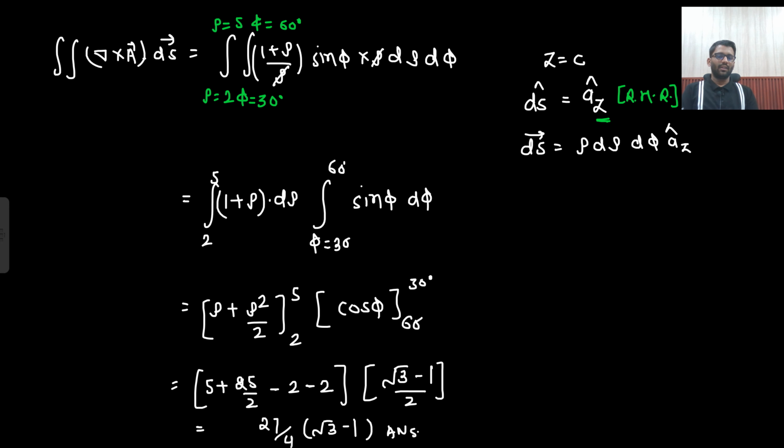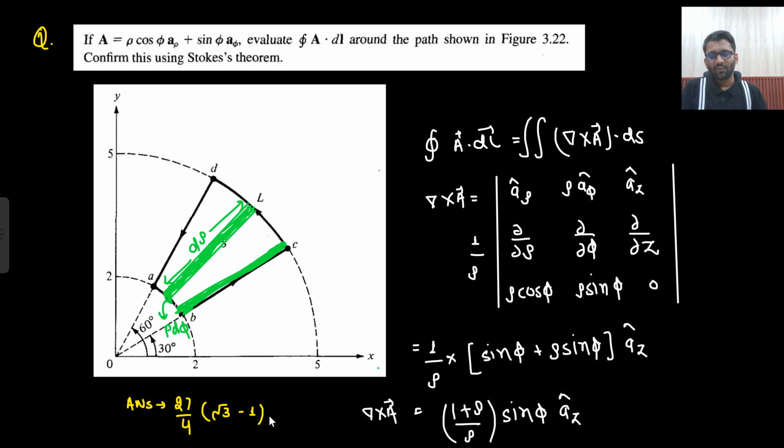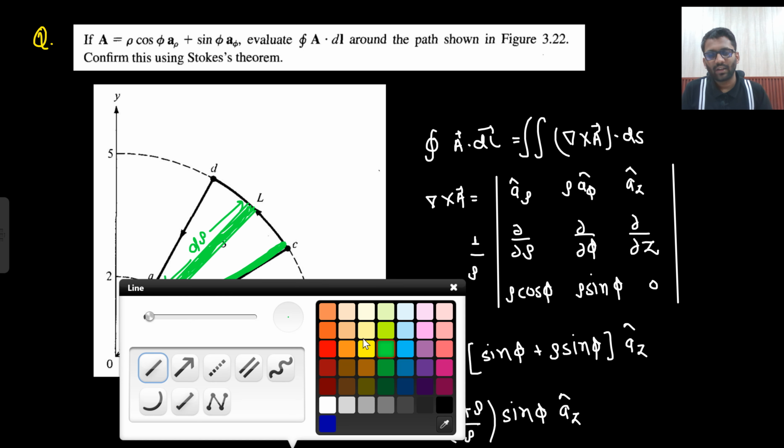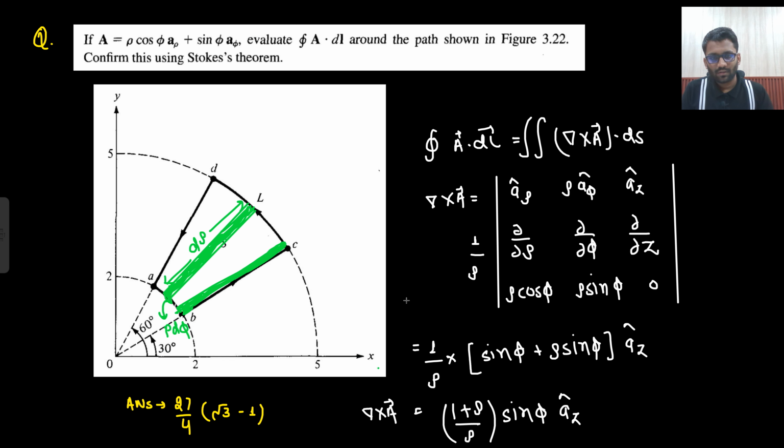Now someone will have a doubt that, sir, why did you take this strip? Why can I not take this strip? Certainly you could have taken this strip as well, in this direction also you could have taken the strip. What will be this value there? D rho.